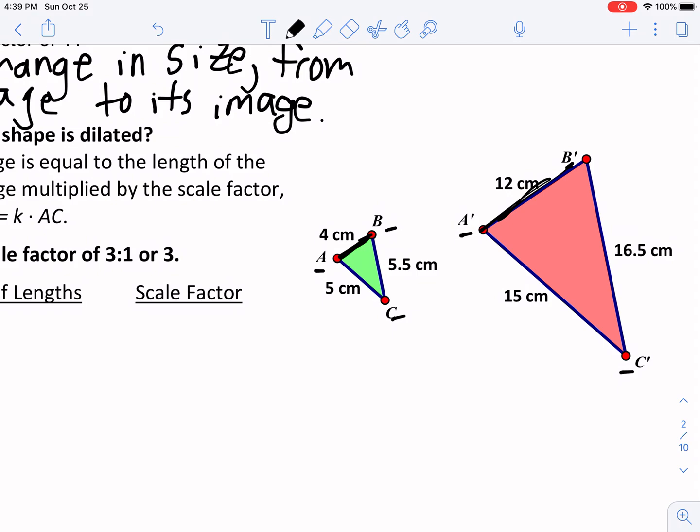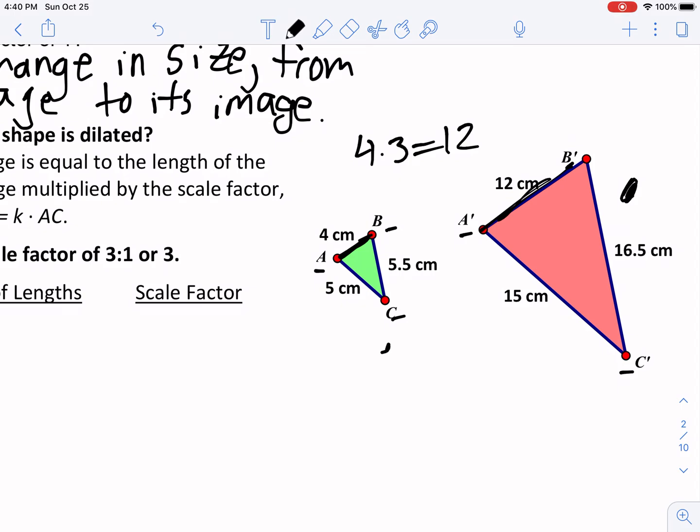This dilation is an enlargement. When I go from 4 centimeters to 12 centimeters, what did it multiply by? Well, 3, right? 4 times 3 gives me 12. In other words, this image is 3 times bigger than its pre-image.